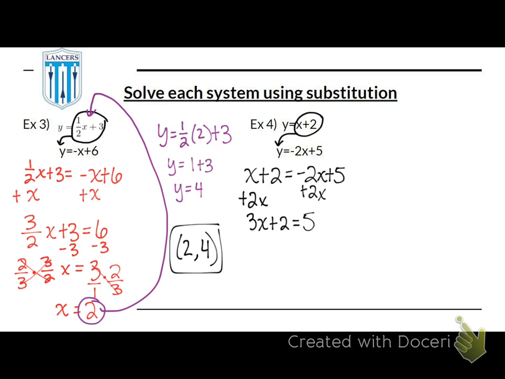Once we get here, everybody should be comfortable with this. We need to subtract 2 and then divide by 3. What do we get for x? 1.